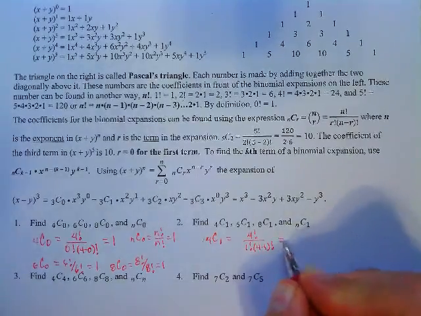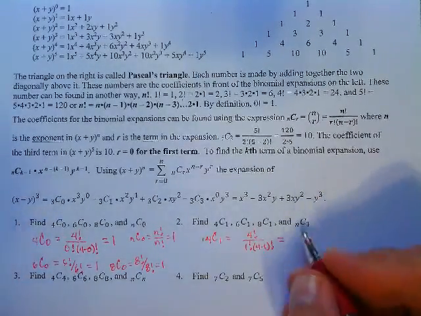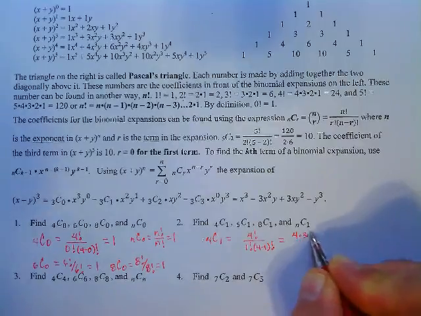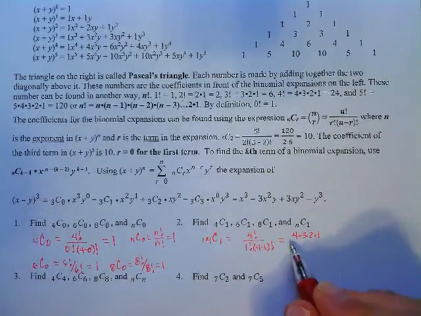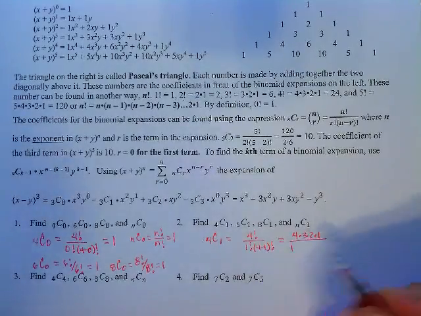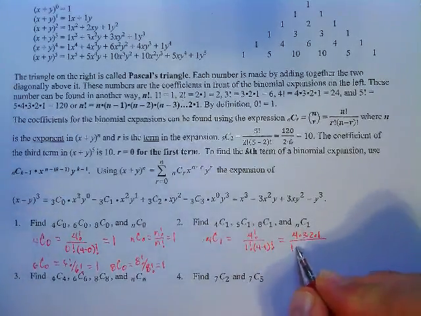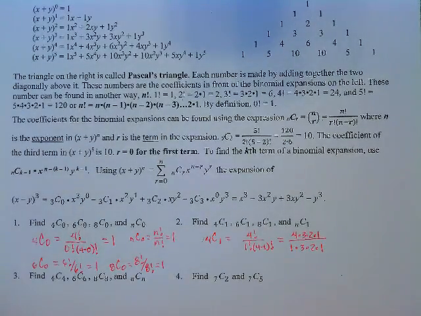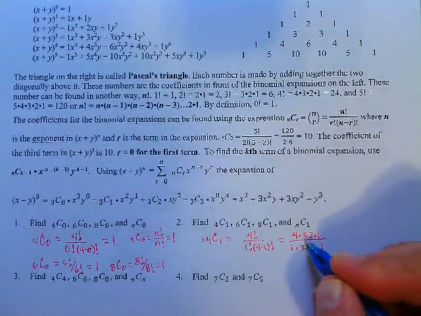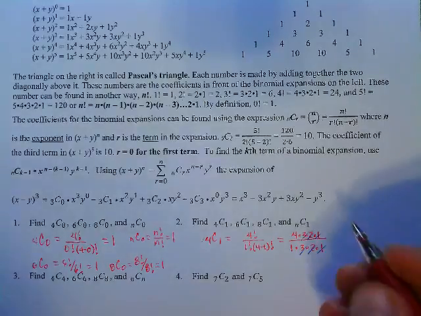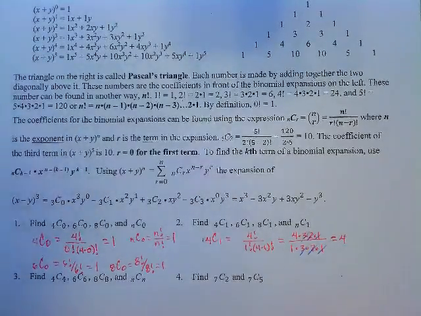Now, again, I can do this with the calculator, but I just want to show you what's going on here. That's going to be, of course, 4 times 3 times 2 times 1. That's what the 4 factorial part is. The 1 factorial is just a 1. 4 minus 1 is 3, so 3 factorial will be 3 times 2 times 1. And so, note, those will all cancel, and I'm left with just 4.